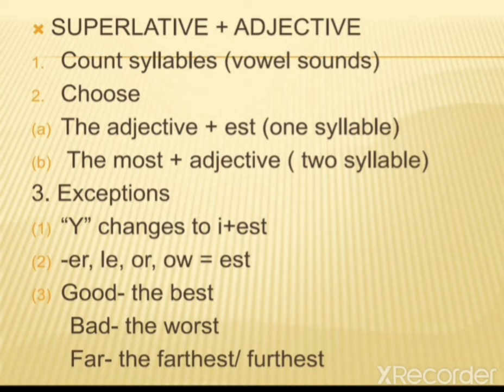Doesn't matter how many syllables are there. Rule number 2: if you want to remember it like that, that is easy, but it is not all the time. And definitely good, bad, and far, these ones will never change. These are 100%. You cannot change them to anything else. The badderest doesn't work.